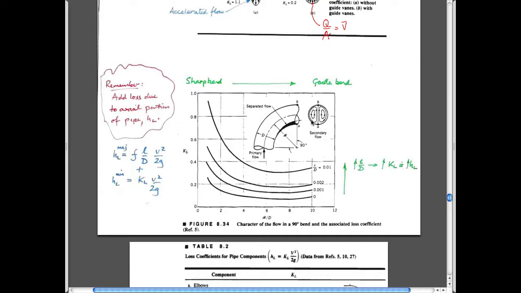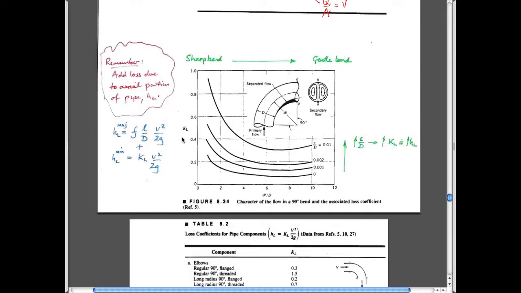And so you can get magnitudes of this loss coefficient as a function of, again, the relative roughness of the pipe. So high relative roughness, you have larger losses. Low relative roughness, you have smaller losses. And also as a function of the radius of curvature.